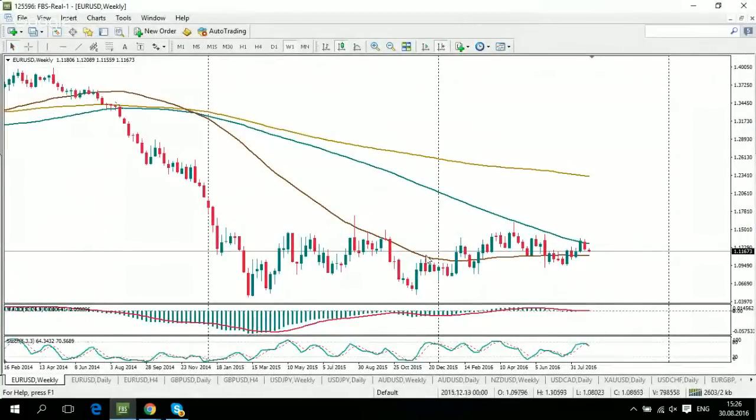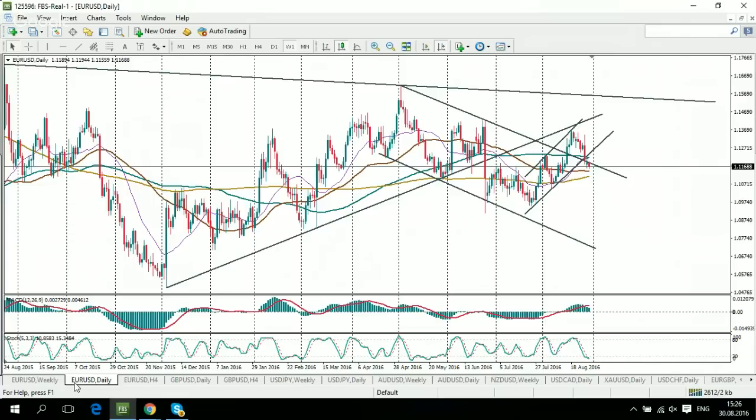So here we can see the weekly chart of the euro dollar. We have discussed it already a bit, saying that last week the euro dollar ran into significant resistance created by 100-week moving average. Then we come to the daily chart, and here we can see also some varying signals.